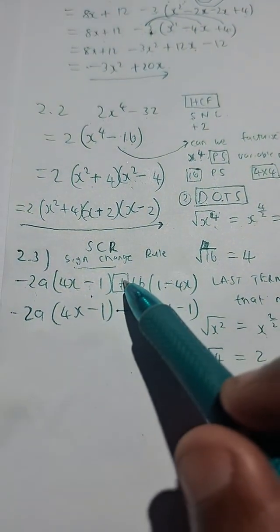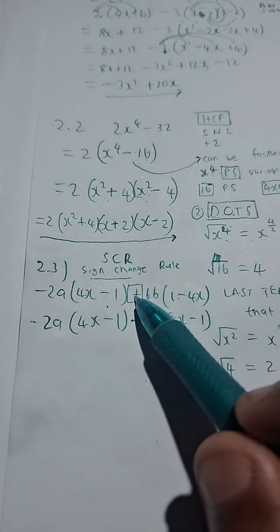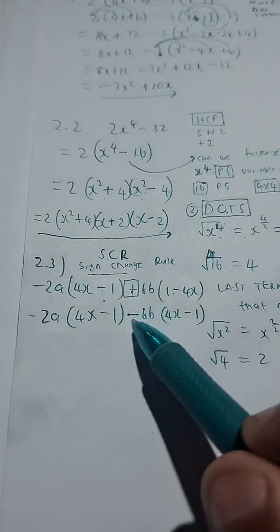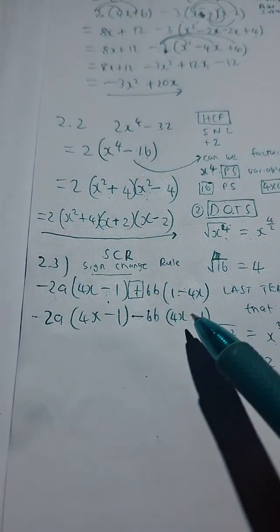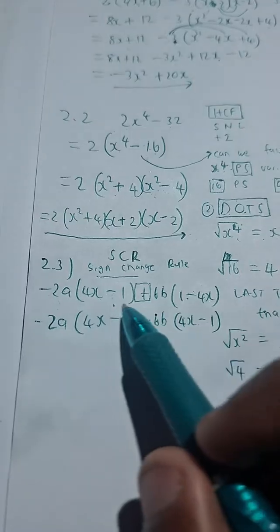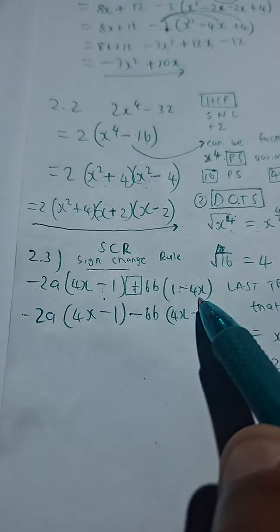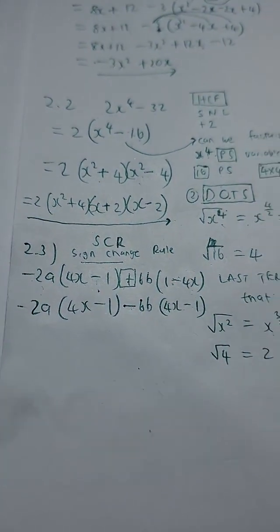That is why changing the sign of this 6b, which is positive, to being negative allows me to then have a common bracket that still maintains the identity of the original expression.